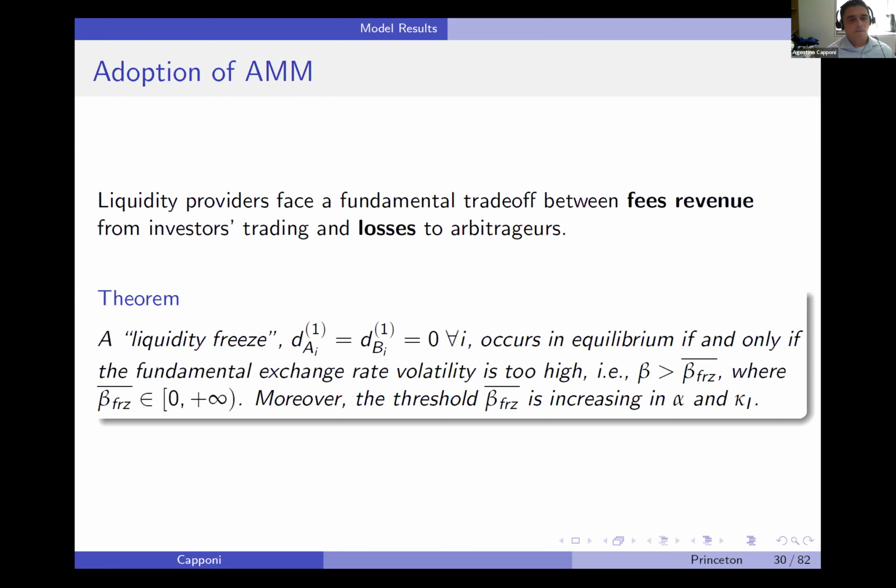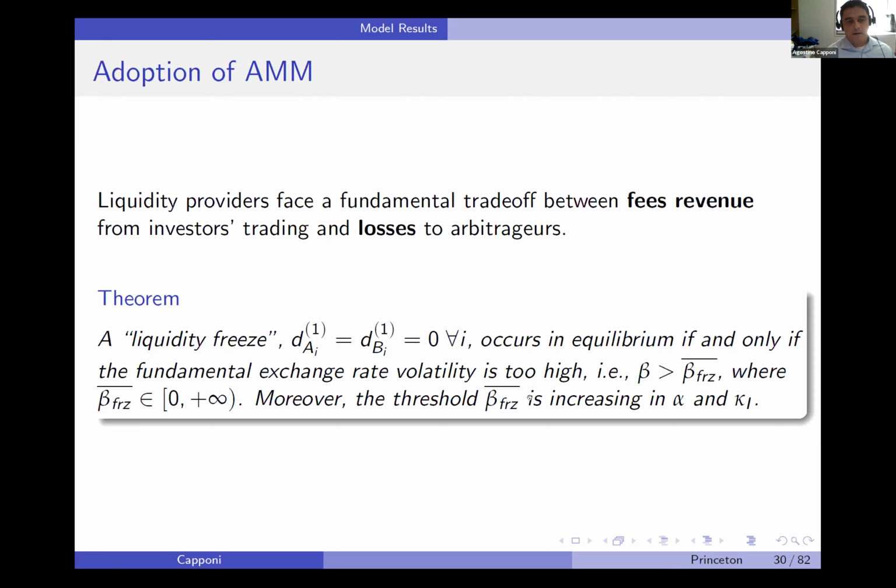And this happens if the exchange rate is very volatile. If there is a large volatility, which means that the shock that happens to the token is large, that means that there are a lot of opportunities for the arbitrageur to make profits. So they are willing to trade, even though they have to pay a fee for trading. And therefore, the loss will be so large for the liquidity providers that they will not deposit in the first place.